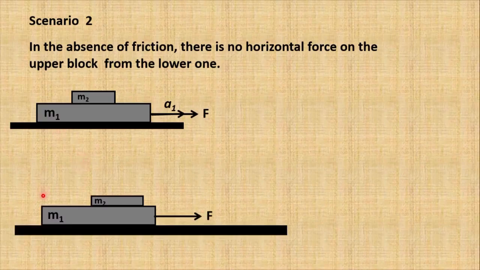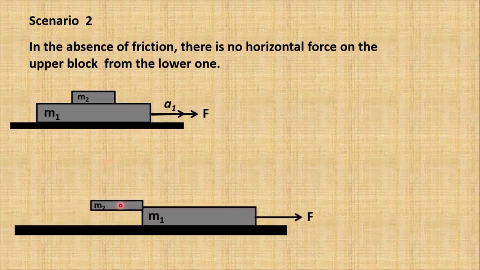Let's illustrate this motion on this diagram. So first block M1 moves with acceleration to the right, and the upper block falls down later.